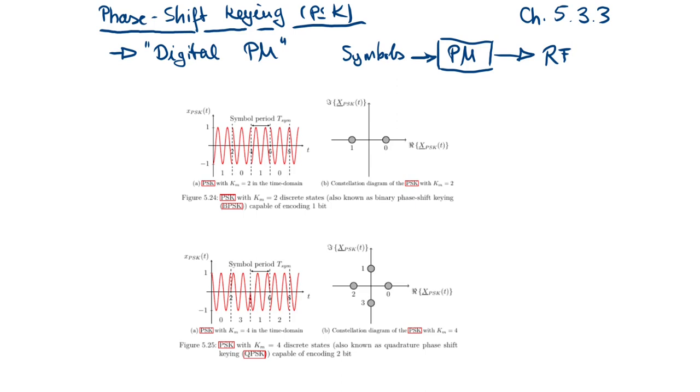And again, we do not consider the technical realization here. So this can be done in the digital domain or in the analog domain, or a hybrid solution in both digital and analog domain. But that is not important. We only care about the basic principle behind the phase shift keying.